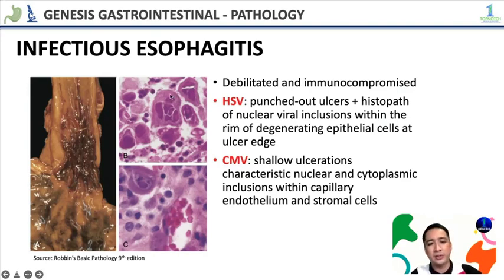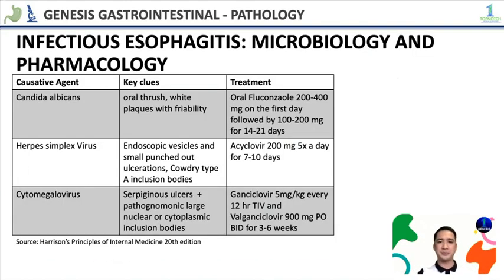We also have the cytologic intranuclear lesions, giant nucleus of HSV, and also CMV infection. So these are some of the viruses that might cause infectious esophagitis aside from the mechanical causes that we've mentioned earlier.